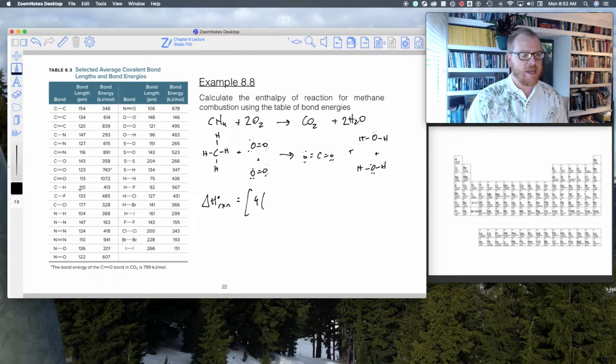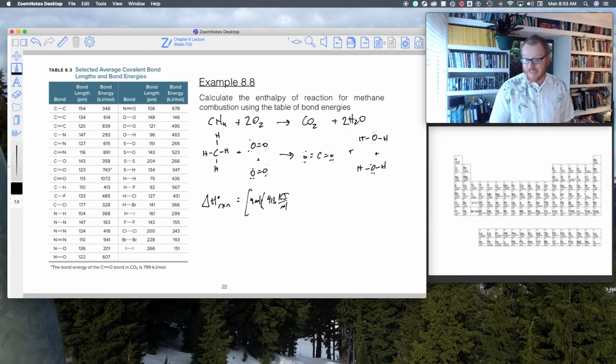Here we go. CH is 110 picometers and 413 kilojoules per mole. Let me put the unit in front of that 4, so 4 mole.